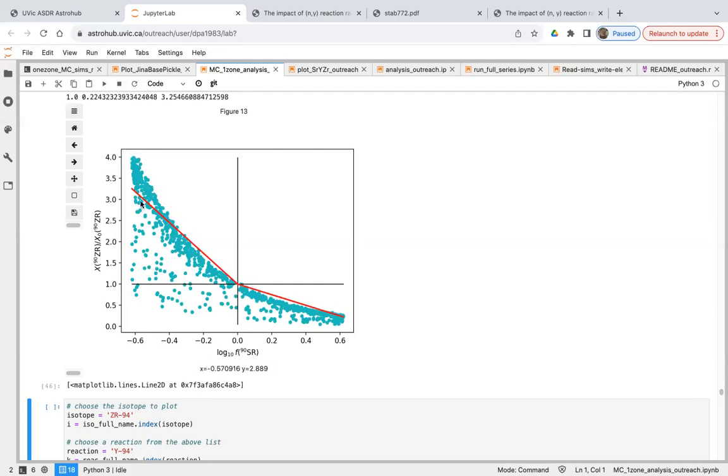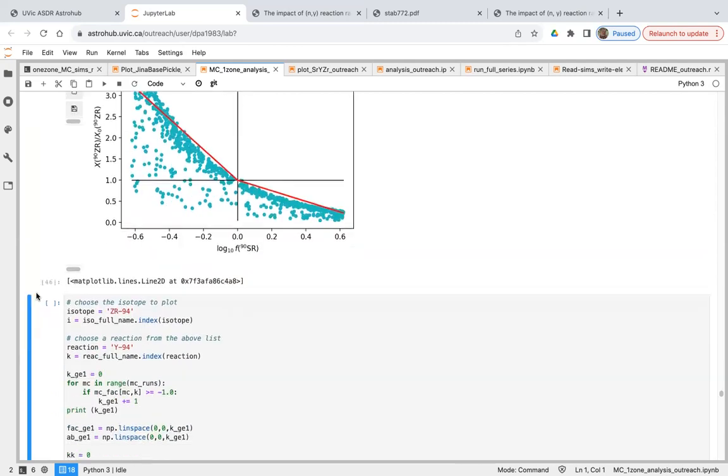Indeed, you can see there is an anti-correlation, a negative correlation, between predicted zirconium-90 abundance and the rate of strontium-90 and gamma. So this can be considered as the rate, because when the F factor increases from this value to the right, this means we just increase this rate.